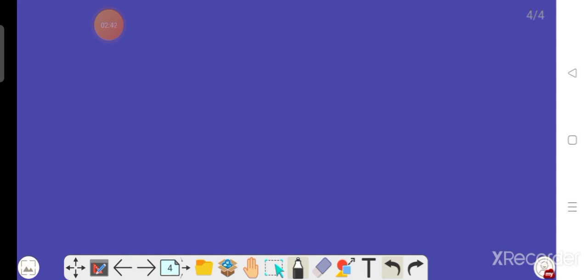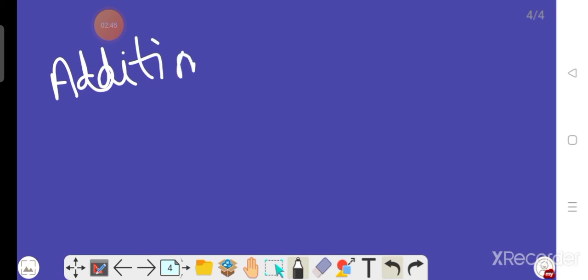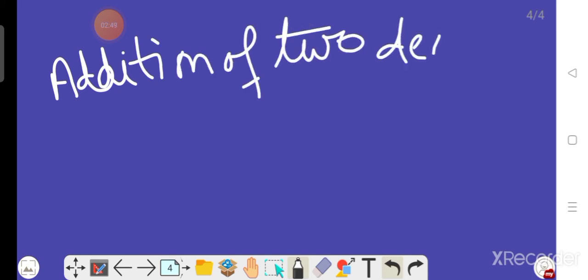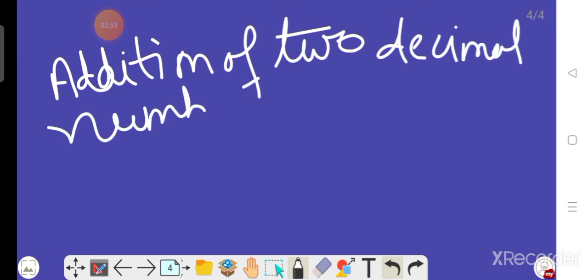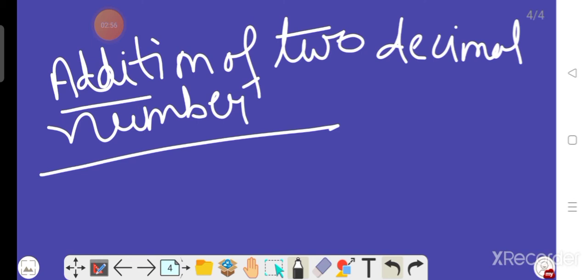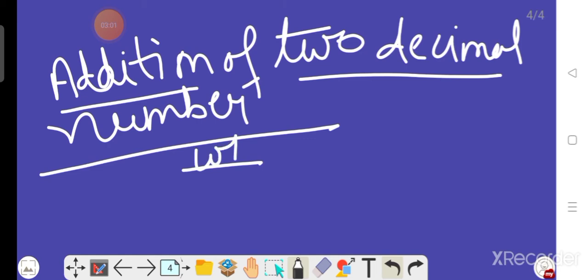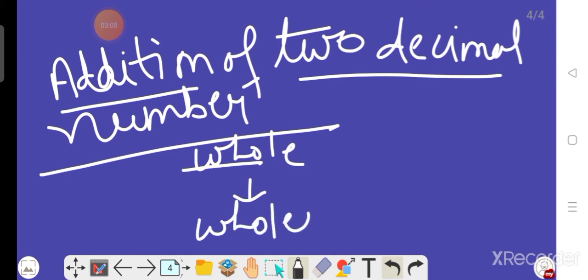Okay, look at here. Addition of two decimal numbers. To add decimal numbers beta, we have to write the whole part of one number just below the whole part of another number.